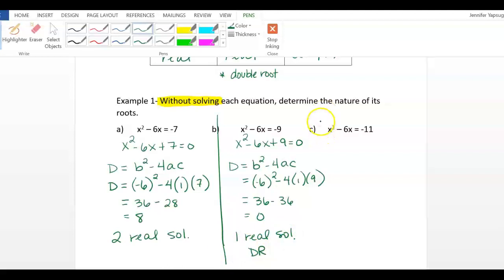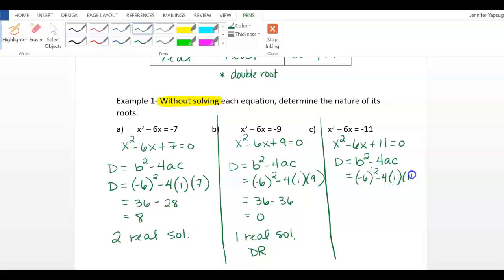All right, so go ahead and pause the video and work on that last one and see what you come up with. Okay, so for the last example, we're again going to write this in the correct form, so that's x squared minus 6x plus 11 equals 0. We're going to evaluate the discriminant, so d equals b squared minus 4ac. I'm going to substitute my values in, so again that's negative 6 squared minus 4 times 1 times 11.